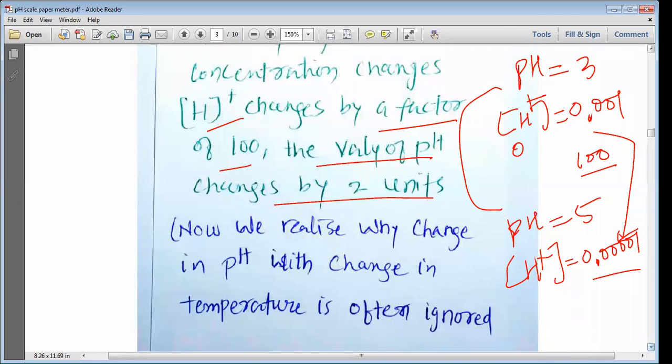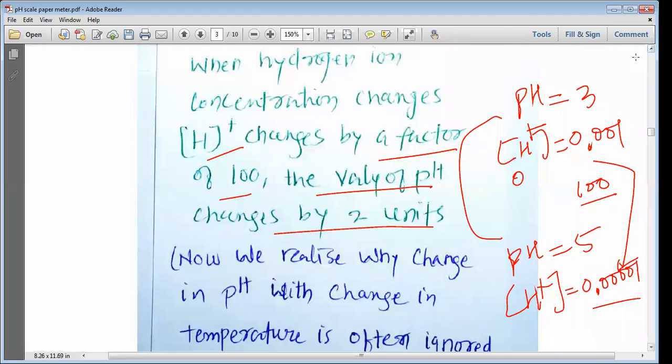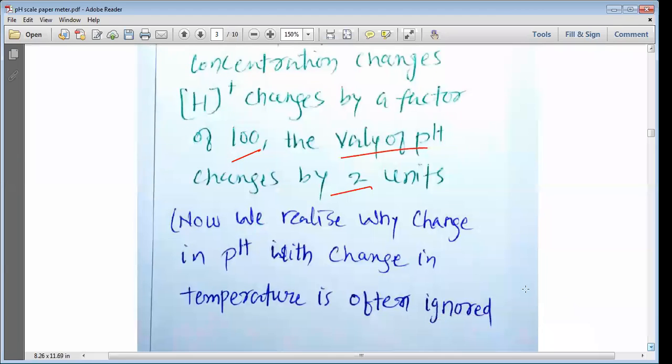Please remember. So that is what I am trying to tell you here, my dear students, that if the concentration of H plus changes by a factor of 100, then the pH changes just by 2 units. Now we realize why the change in pH with the change in temperature is often ignored.